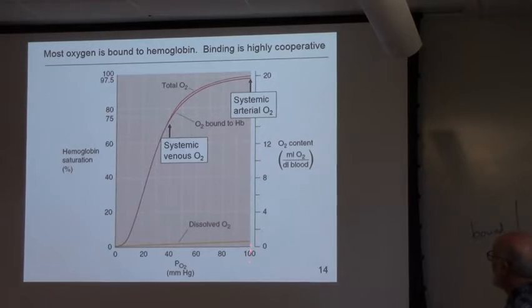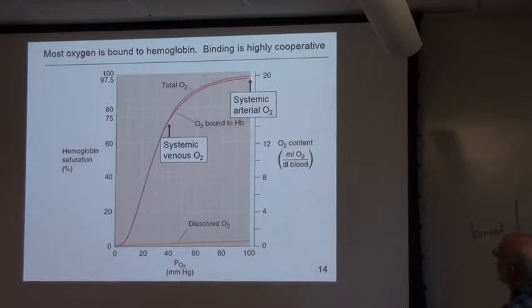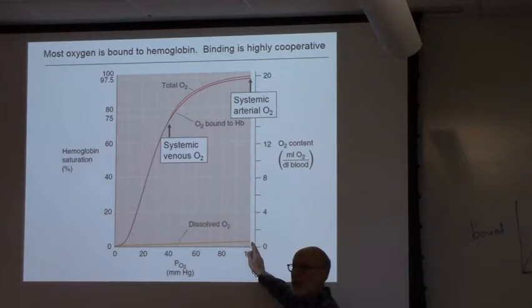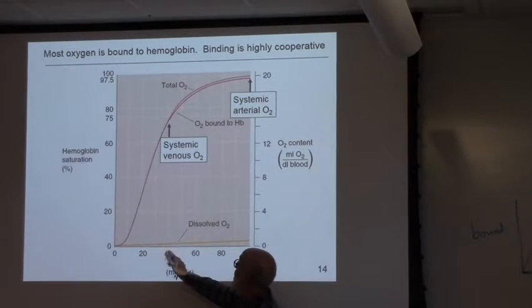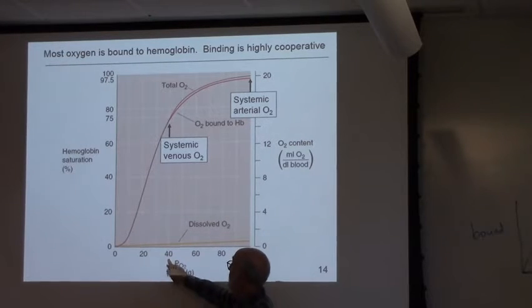Arterial PO2 is 100 millimeters of mercury, and so normally at a systemic arterial PO2, we are 98% saturated. Hemoglobin is 98% saturated in the normal arterial blood. Normal venous blood is around 40 millimeters of mercury. Now this is not the same 40 as the PCO2.